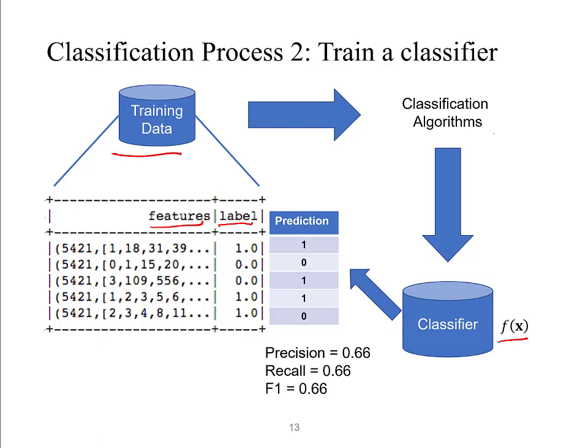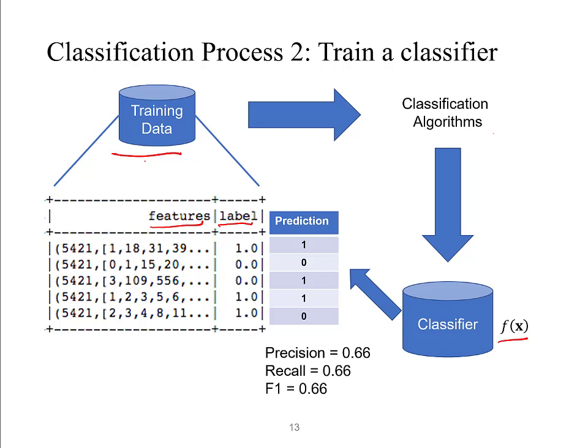When we train a classifier, we're not trying to make sure that the prediction of the classifier would be the same as the labels in the training data. First of all, it may not be achievable.